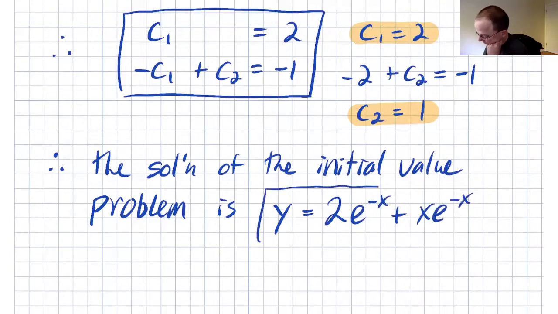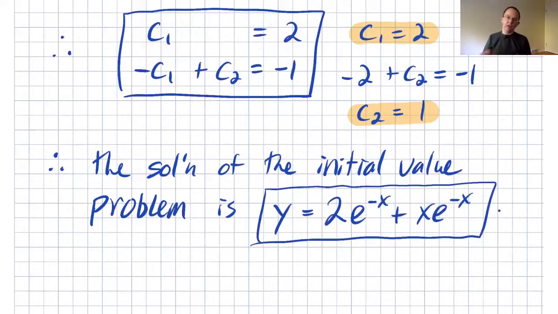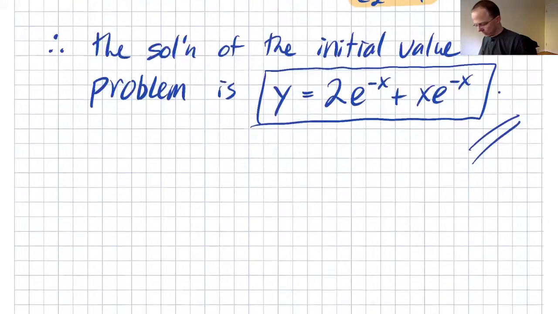So that is our final solution. So this function here is going to satisfy the differential equation, and it will satisfy the initial conditions, the initial position and the initial velocity. And that is our solution to the initial value problem. All right. Good.